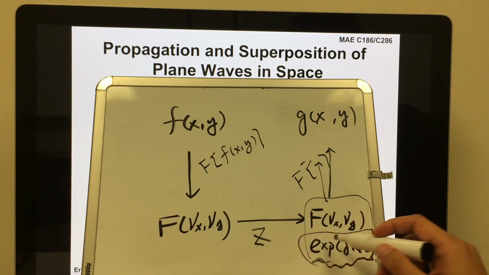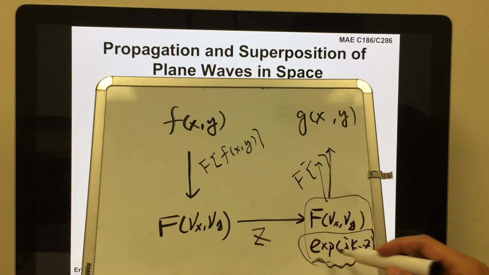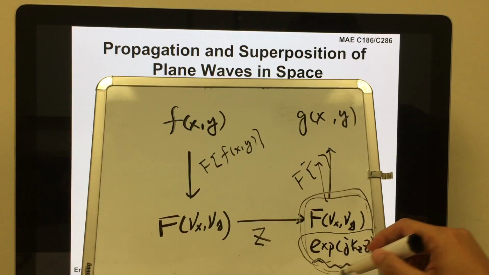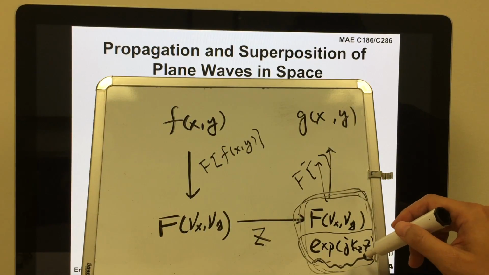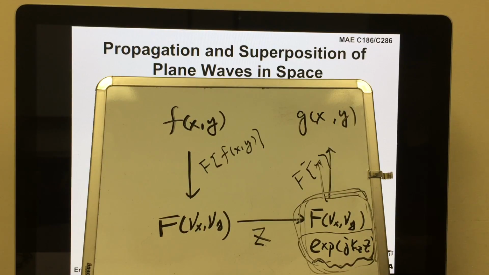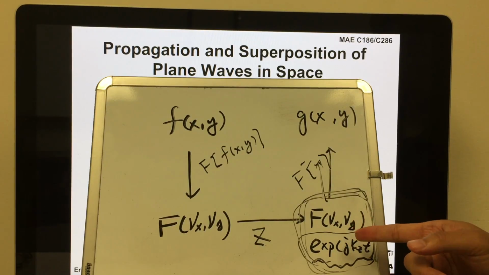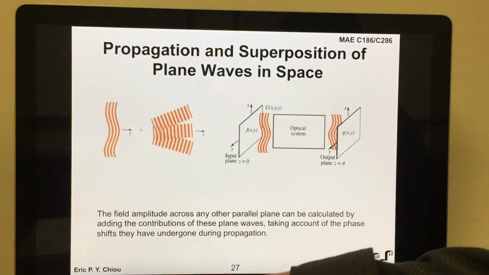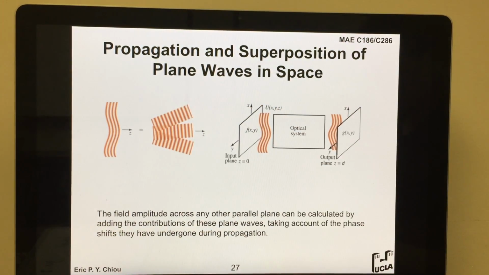After propagating in free space a distance z, you get a new Fourier transform here, and then you can back-calculate, based on this new Fourier transform, to construct the new function that you see in this plane. So it's kind of saying that free space propagation of light is a Fourier transform process.